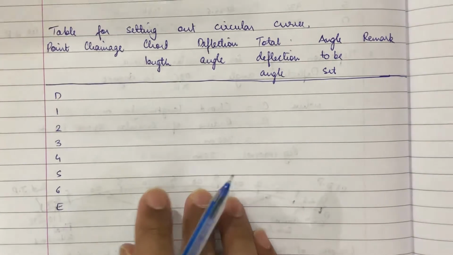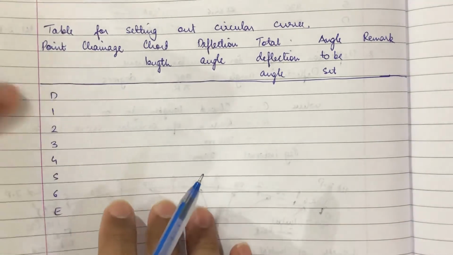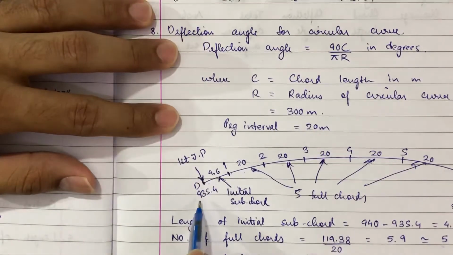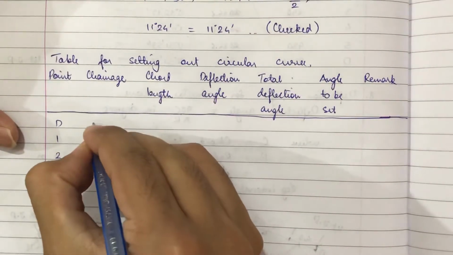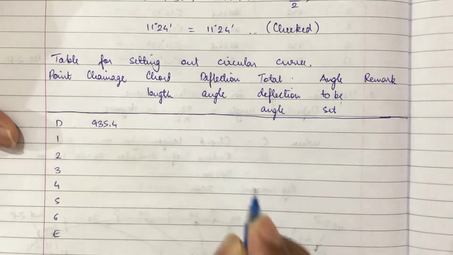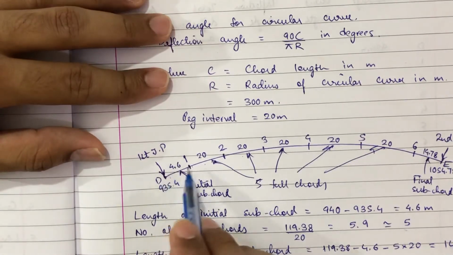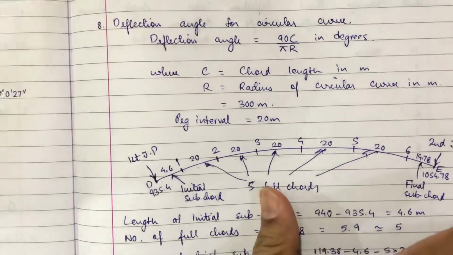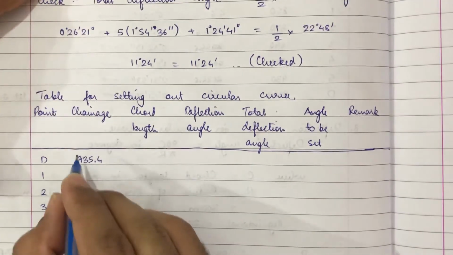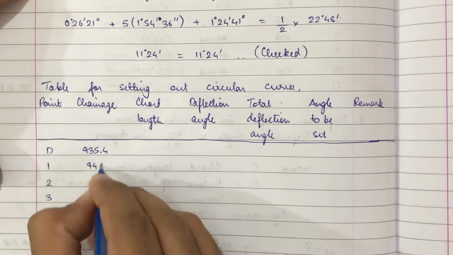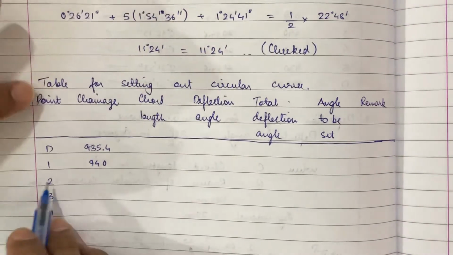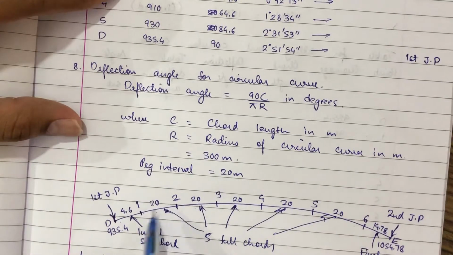Now the chainage of each point. The chainage of point D is given as 935.4. For the chainage of point 1, as the chord length here is 4.6, we have to add 4.6 to it. So 935.4 plus 4.6 comes out to 940. Then for point 2, the chainage will be 940 plus 20, that is 960.